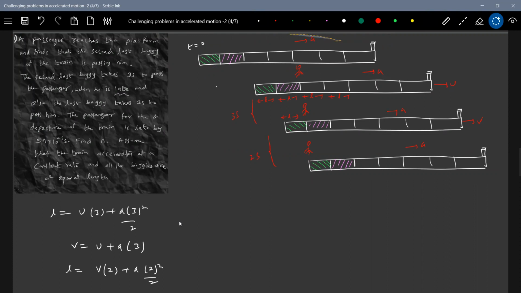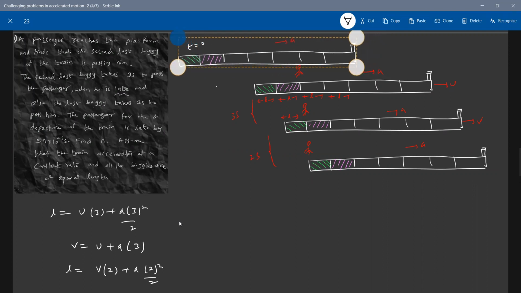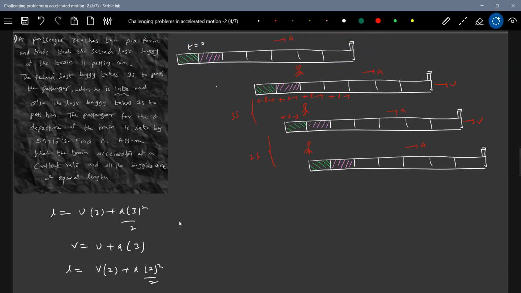I will push it a little bit more. I could have written the equations directly, but through the diagram it will be better. So we have to calculate that particular time now. So this is the delta t.